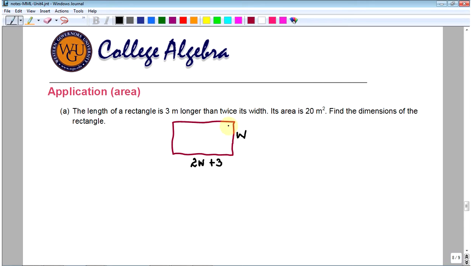We have that the area of this rectangle is 20 square meters. So this is when we need to remember what is our formula for the area of a rectangle. Okay, and that formula is length times width.